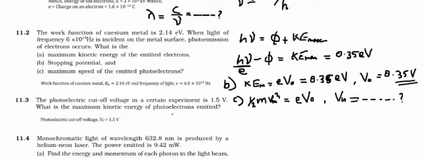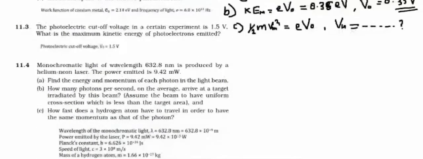Now, next question 3. The photoelectric cutoff voltage in certain experiment is 1.5 volt. What is the maximum kinetic energy of photoelectrons emitted? We can use the same principle which you have used in part B of the previous question. So, cutoff voltage is given, V naught is given as 1.5 volt.